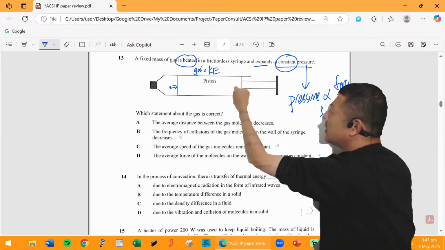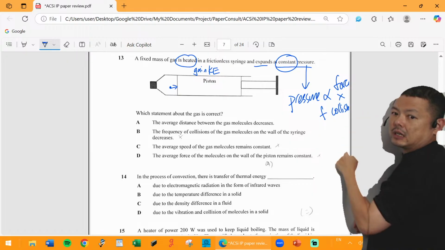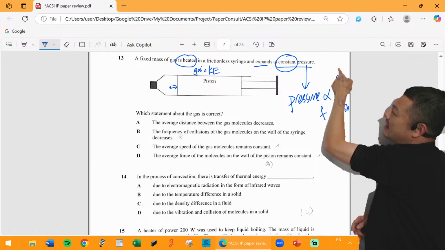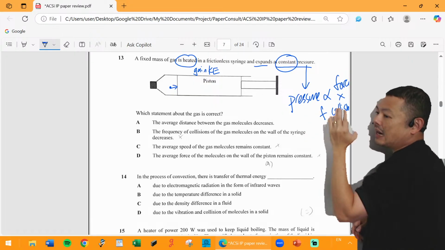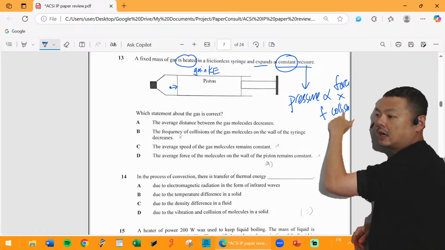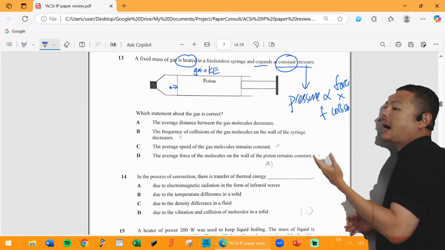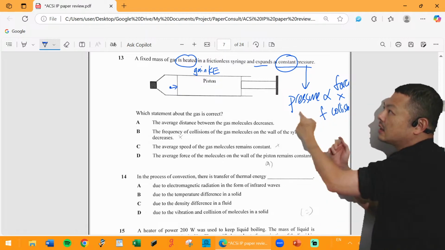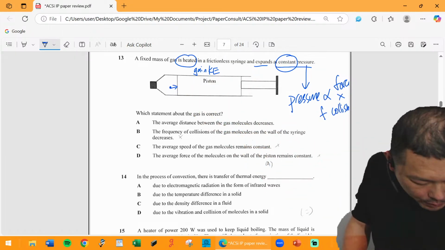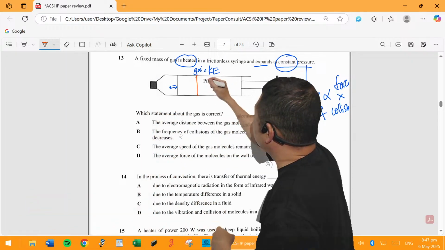However, the pressure is still constant. How can that be? The force increases, but pressure is constant. The only way for it to be possible is that the frequency must decrease. But how does the frequency decrease? The piston moves backwards very, very far, all the way to the back here like this.